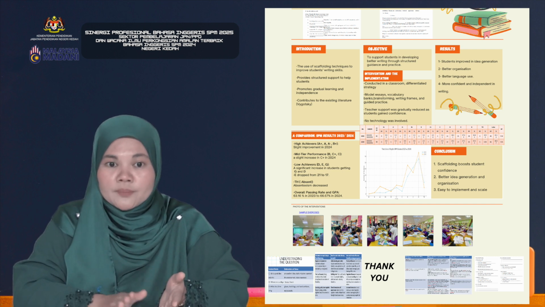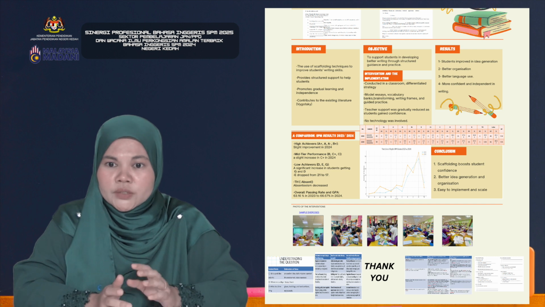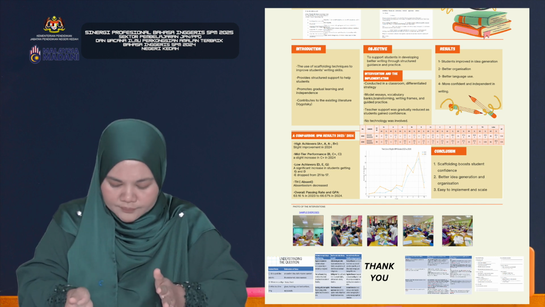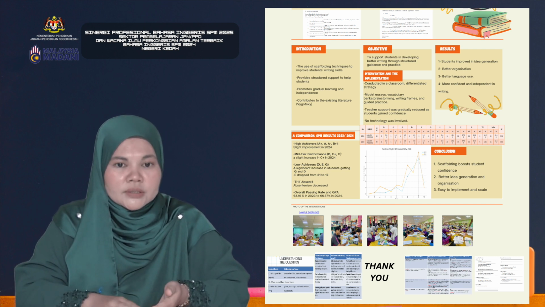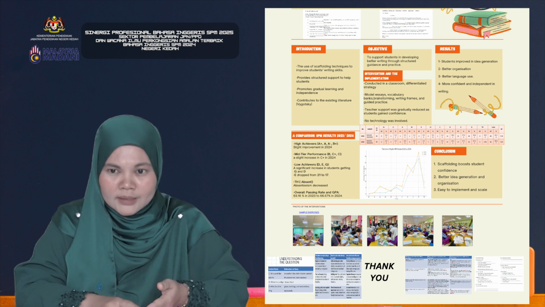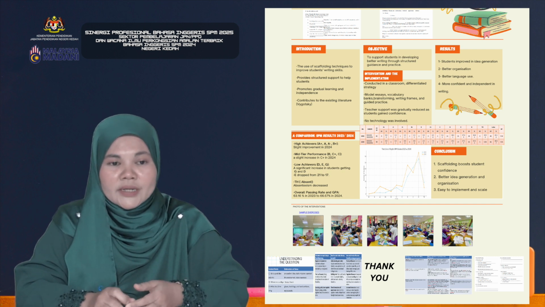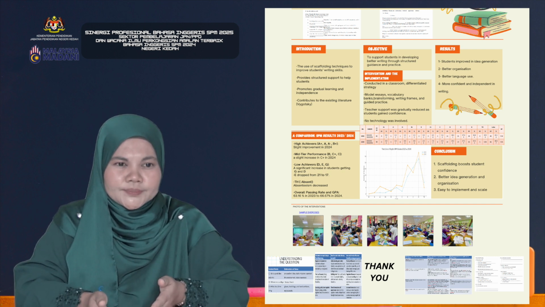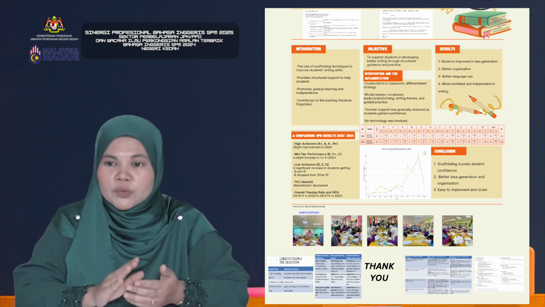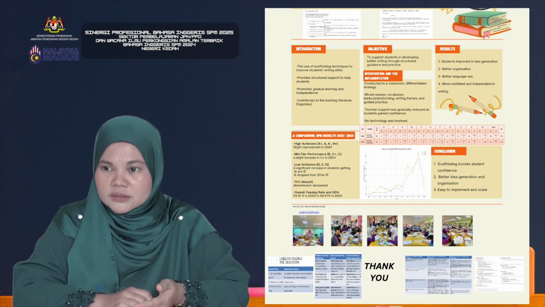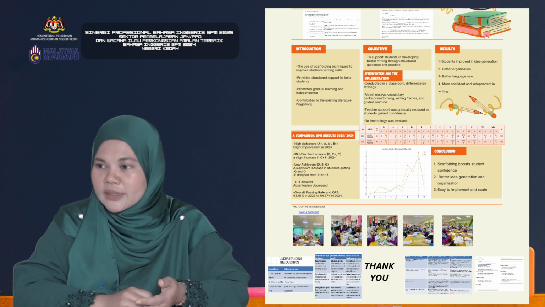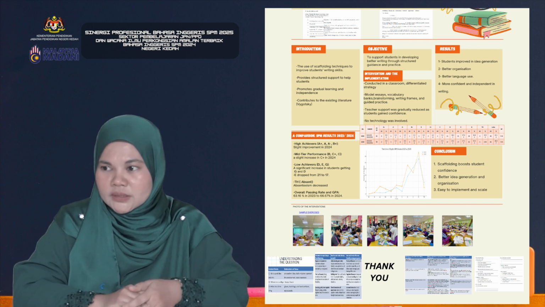And for mediocre learners, they started to write in more structured and thoughtful writing. And for good or advanced learners, or I would say better students, it's an advantage for them because we provide them with vocabulary banks. At least they can come up with their own ideas and create more sophisticated writing.